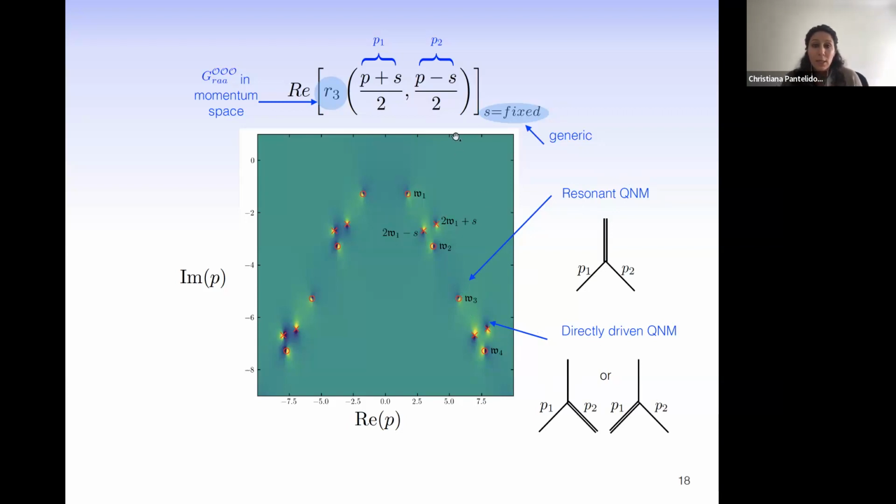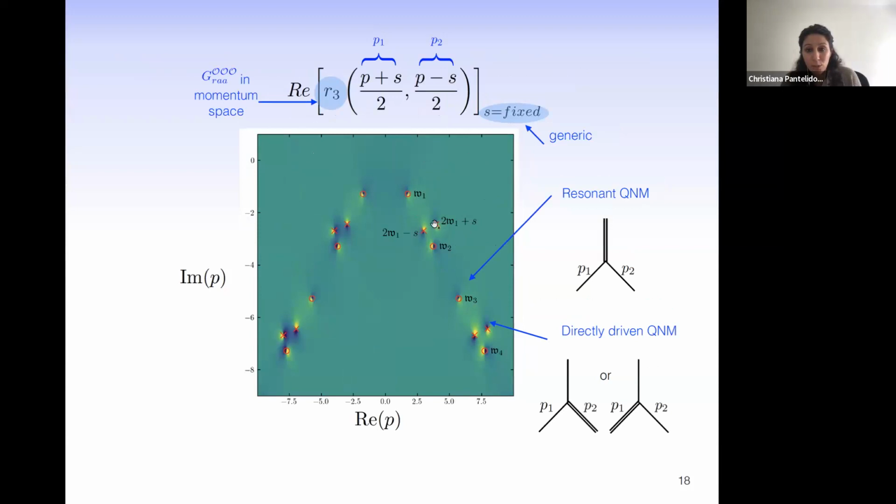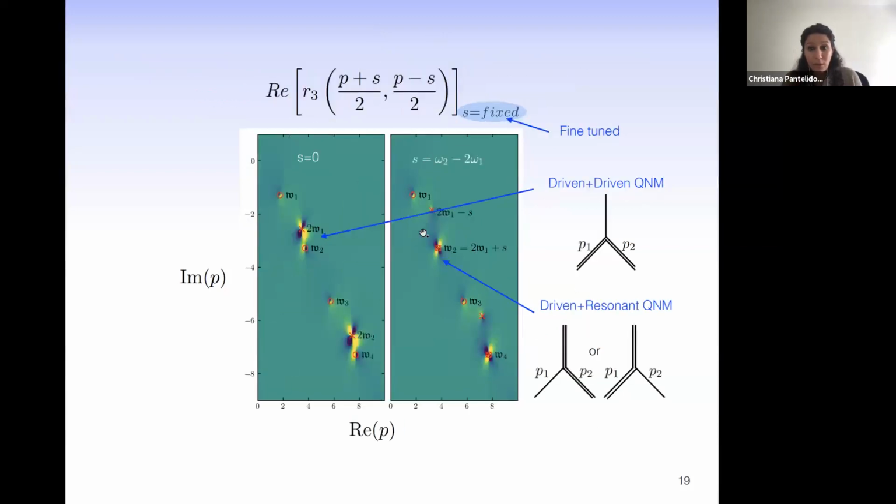Okay, and as you can imagine, when S is fine-tuned to very specific values, some of these poles might collide to give higher order singularities. And this is precisely what we see in this plot. When S is equal to 0, these two poles, these two crosses, collide with each other, and they give rise to a second order pole that corresponds to the two ingoing legs being quasi-normal modes.